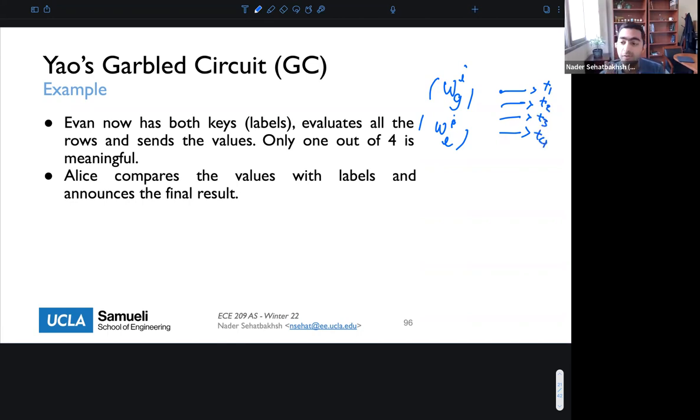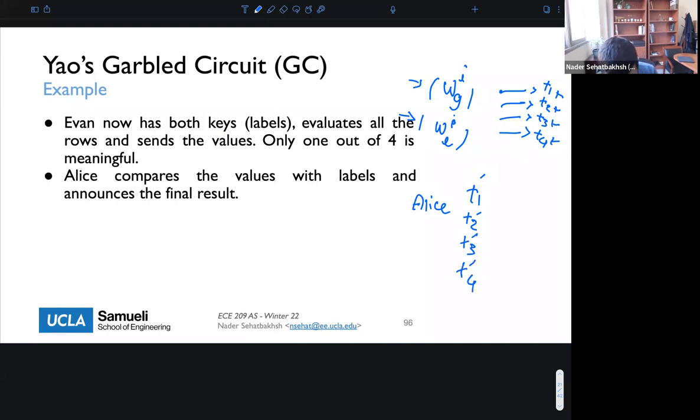And remember, since this key can only be applied successfully to one of these four values, only one is actually a valid value, and the other three would be some sort of garbage. Remember, Alice also has these four values here. Let's call them T1 prime, T2 prime, T3 prime, and T4 prime.